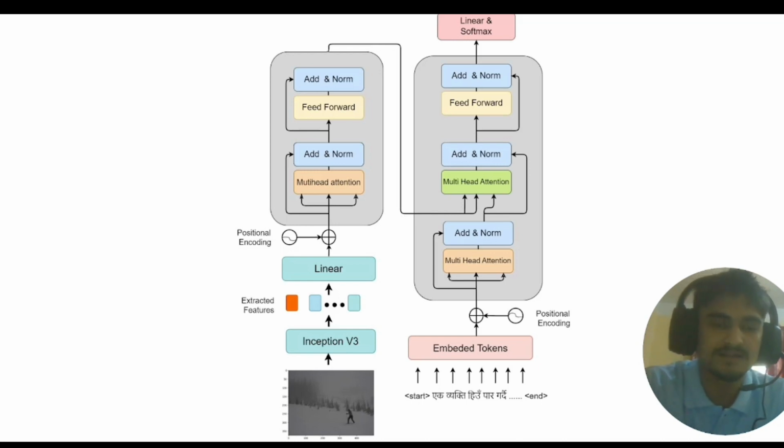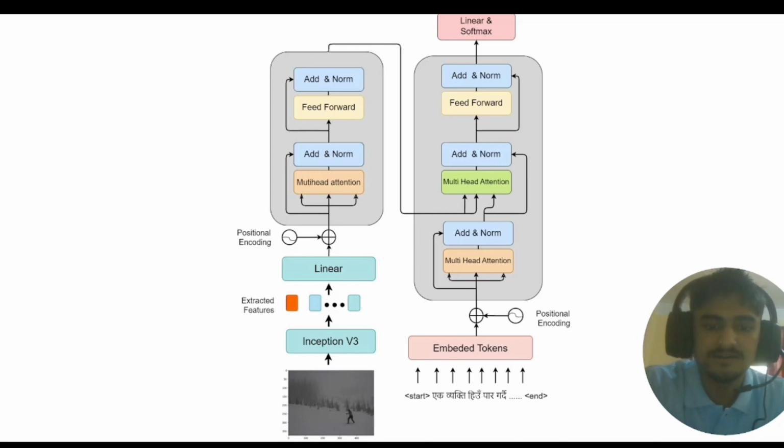Then we pass it to the normalization layer. It is basically used in the training process to avoid the vanishing gradient problem. After that, there is a feed forward layer to extract more features, a more dense representation.